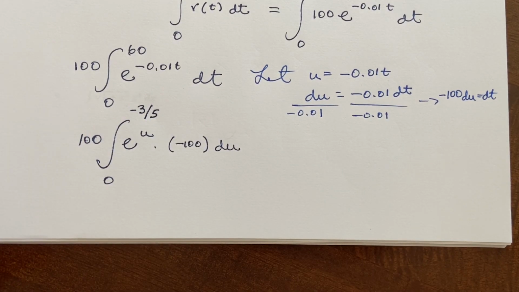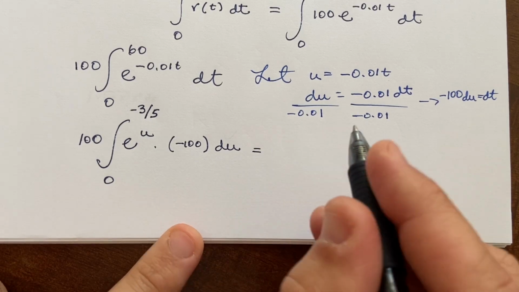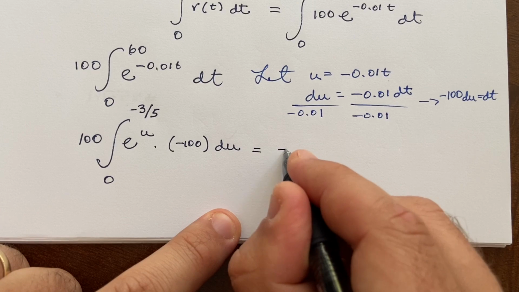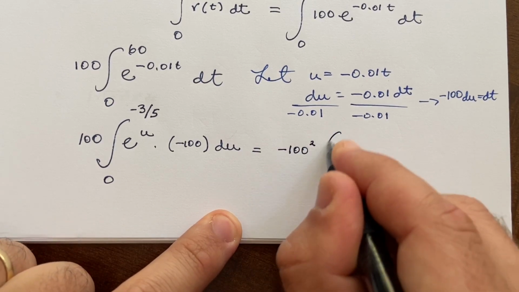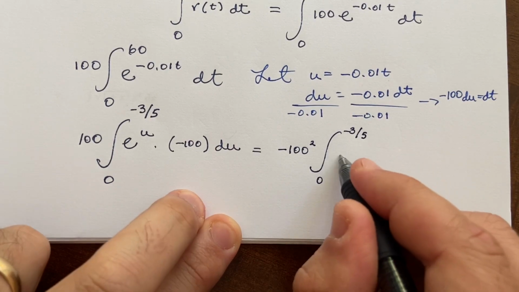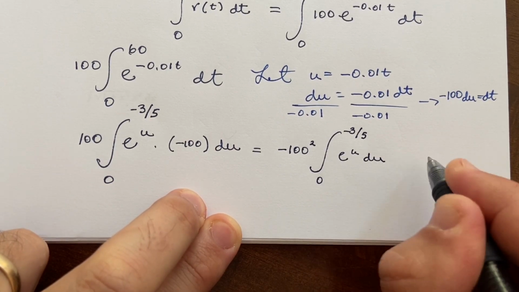Okay. So now I can integrate. So maybe I'll bring out the negative 100 first, actually. So negative 100 squared from 0 to negative 3/5 e to the u du.